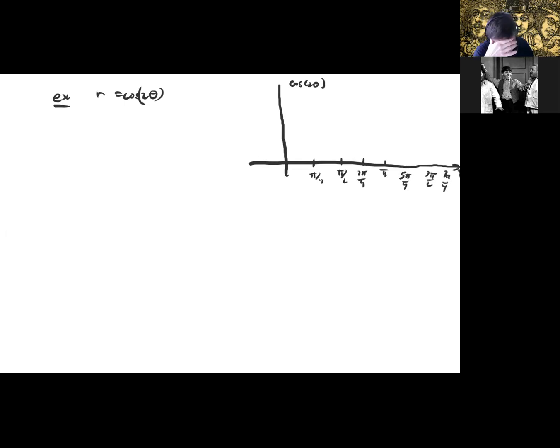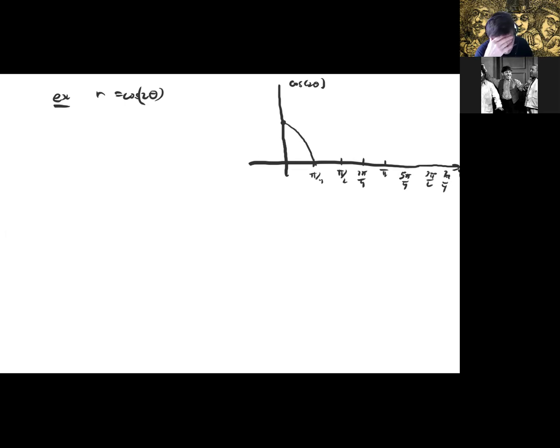Okay, so what's happening between 0 and pi over 4? Well, we have to take twice theta. So at 0, the height is 1. And when theta is pi over 4, then twice pi over 4 is pi over 2. The value of r is 0, so it's decreasing down to 0.